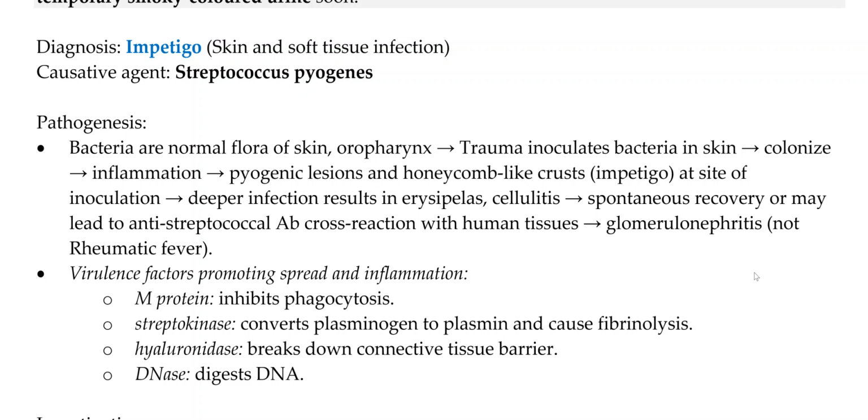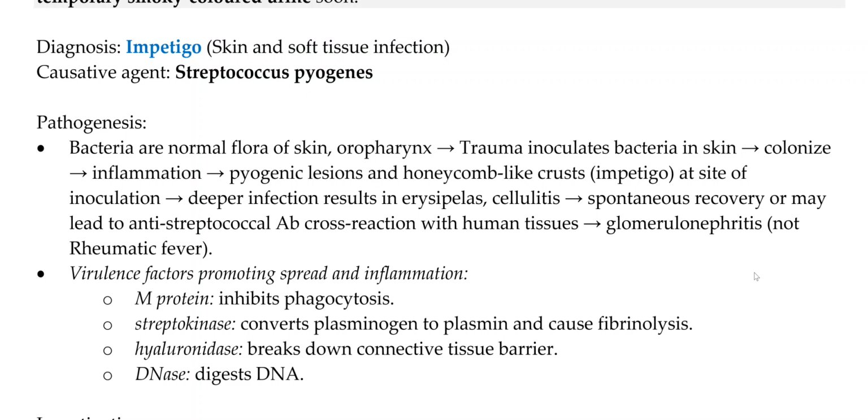Spontaneous recovery is usually seen, but it may lead to anti-streptococcal antibody formation, which may cross-react with human tissue because some of the streptococcal antigens are very similar to some of the human tissues. So the antibody that we form against streptococci may cross-react and damage these human tissues, mainly kidneys, that is glomerulonephritis.